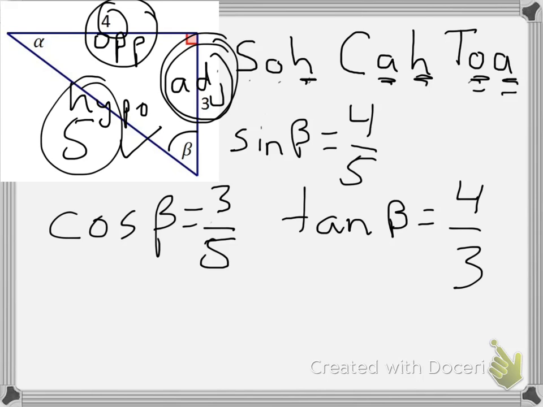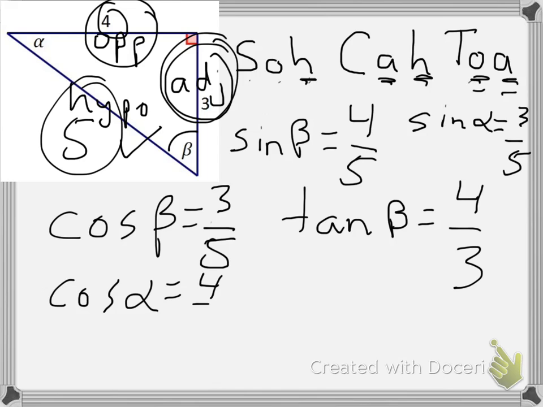And there you go. And what you'll notice is if you compare it to the sine of alpha, you got 3 over 5. And if you compare it to the cosine of alpha, like we had on the other page, you've got 4 over 5.